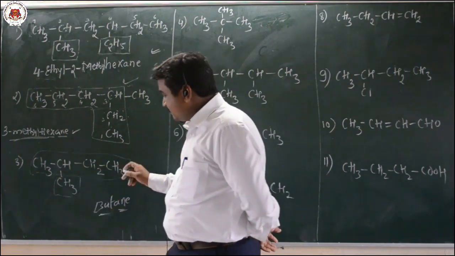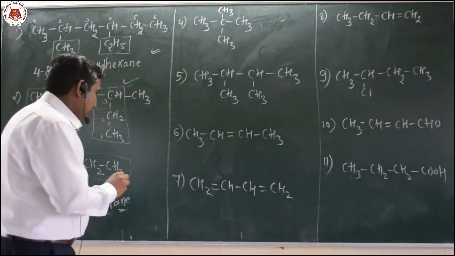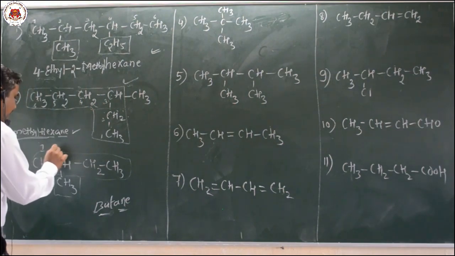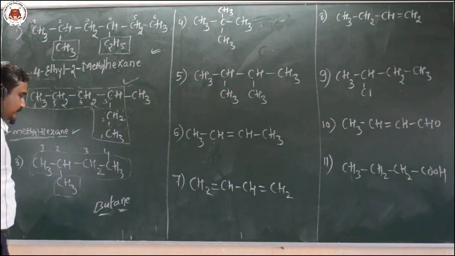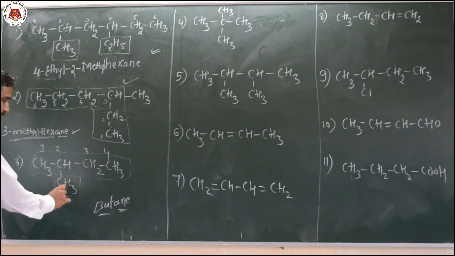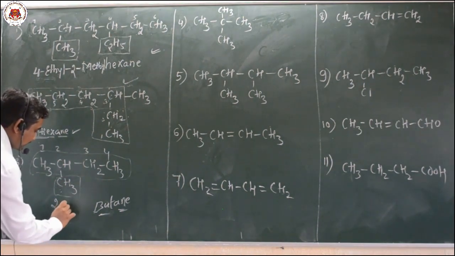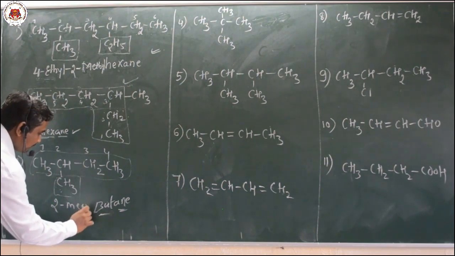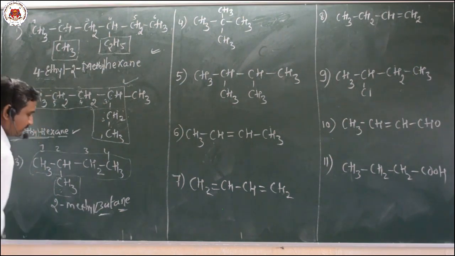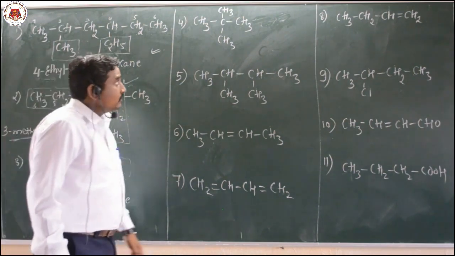Lowest number. Now the correct way of numbering is 1, 2, 3, 4. We have at the second position a methyl group. So hence the name of this compound is 2-methyl butane.